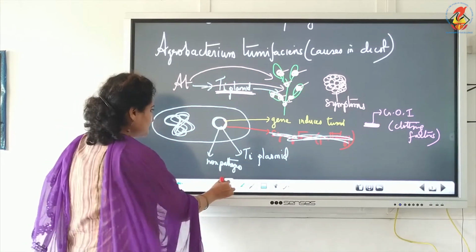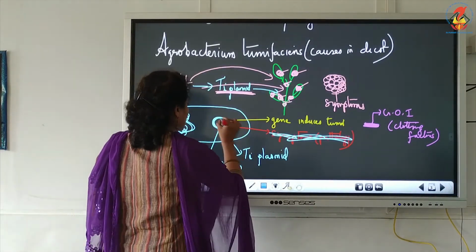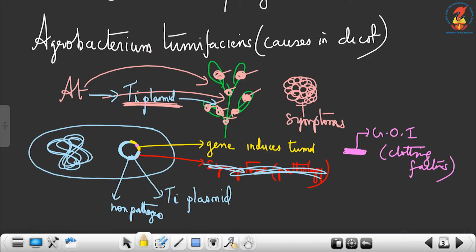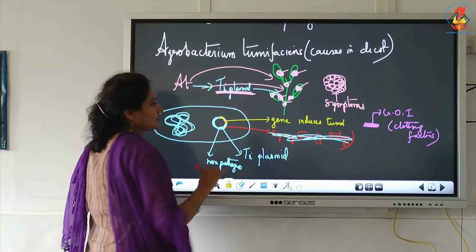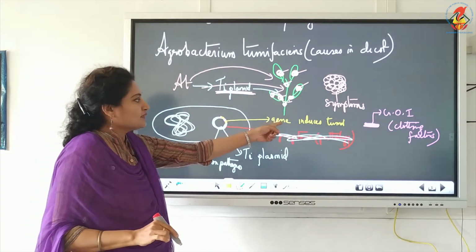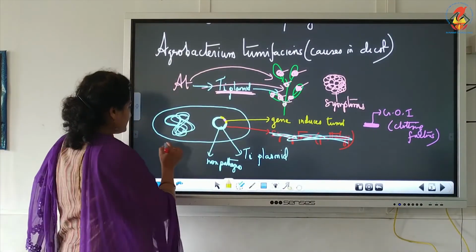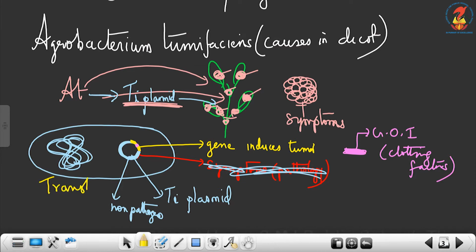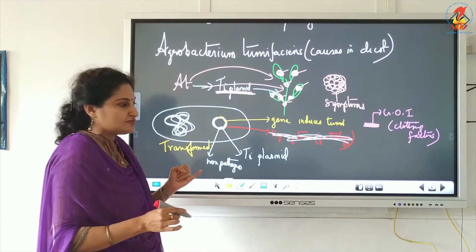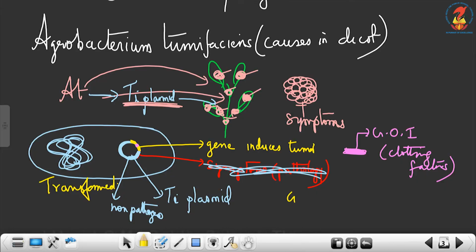So the tumor inducing gene is yellow in color. So they delivered the gene of interest on the tumor inducing gene, and now this bacterium is a transformed bacterium. Many manipulations are brought about. What are the manipulations? One is the gene of interest is delivered.